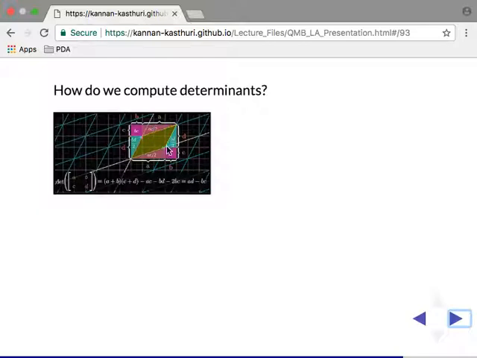The whole area is a plus b times c plus d, right? And you are subtracting 2 times bd by 2, which is bd, and you're subtracting 2 times ac by 2, which is ac, and you're subtracting 2 times bc, right? It's ad minus bc. So this is a nice way of seeing why determinants mean area, right?